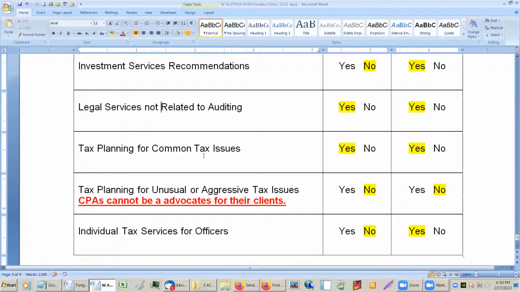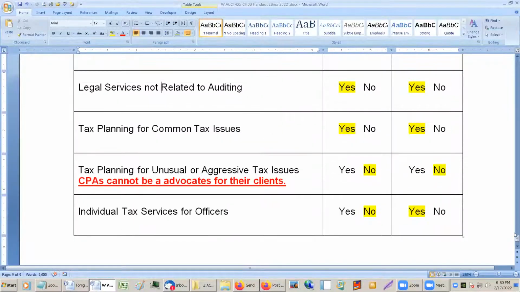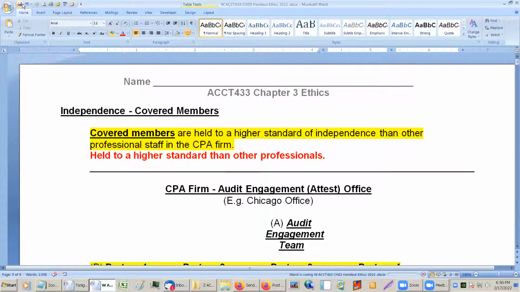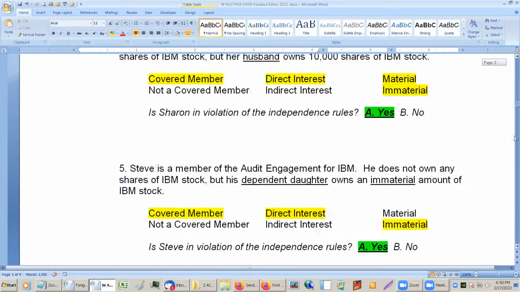Okay, and that is it. So we are done with the Chapter 3 ethics handout.